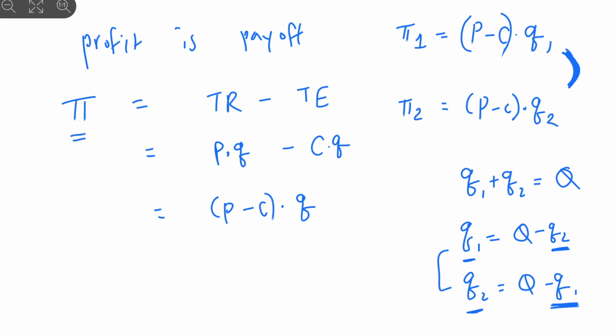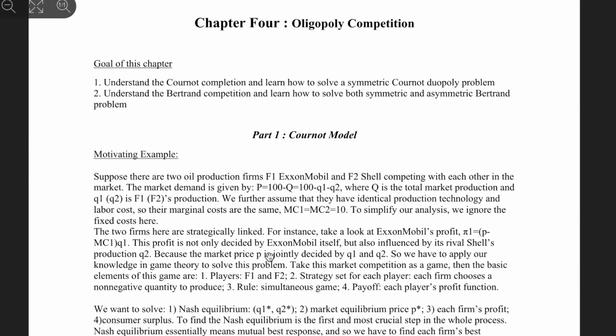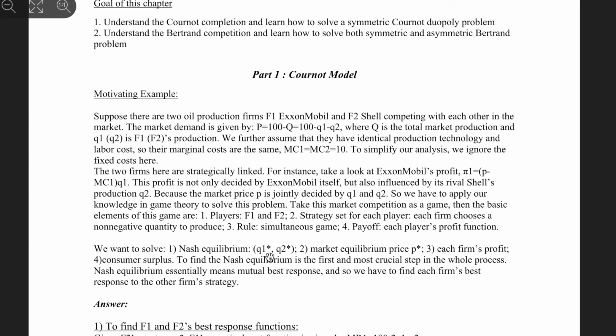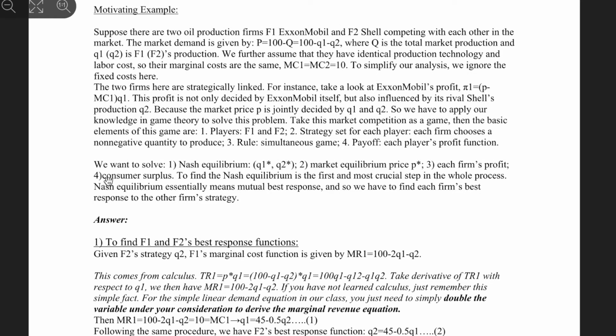So going back to our slide, let's see what we want to solve. Using this model, we want to solve: one, the Nash equilibrium; two, the market equilibrium price P star, that P we're looking for; three, each firm's profit.